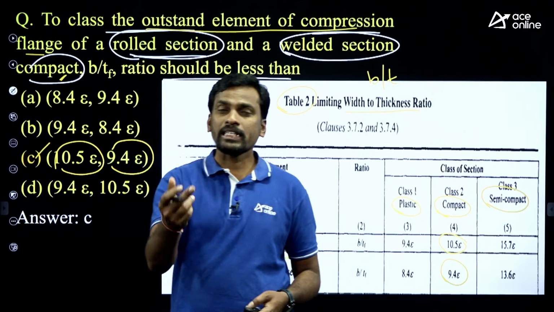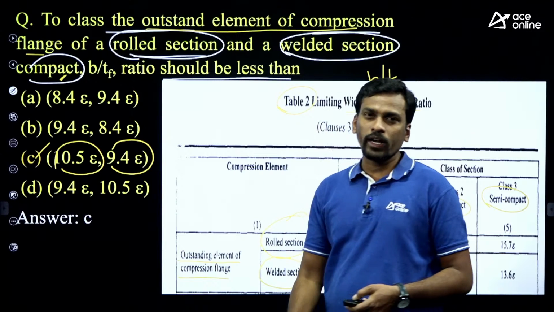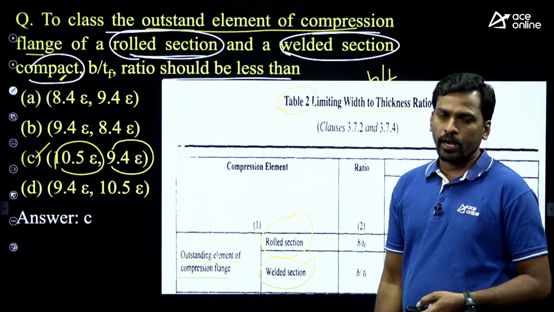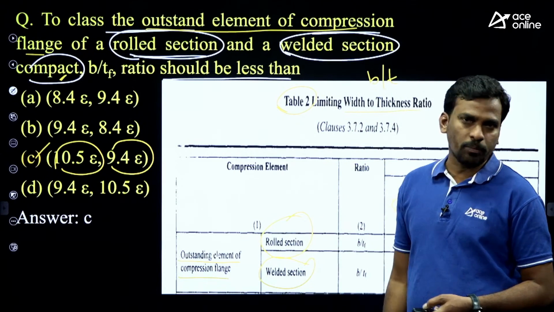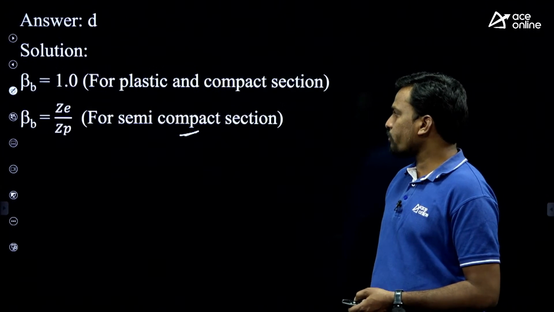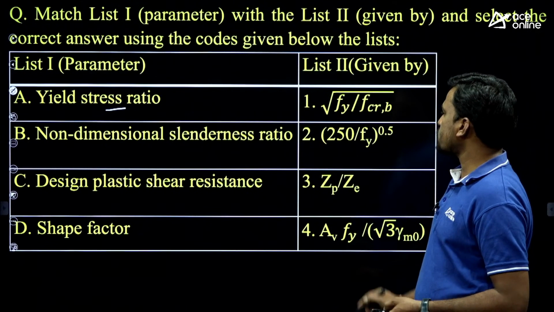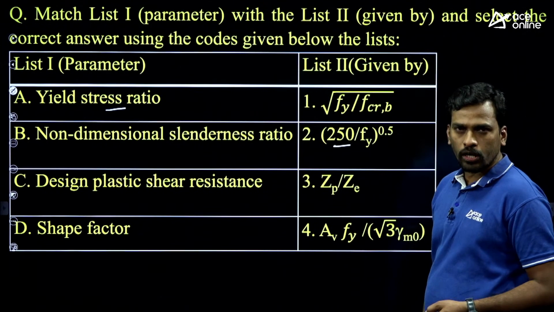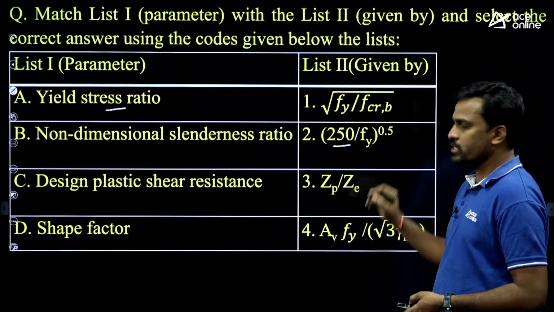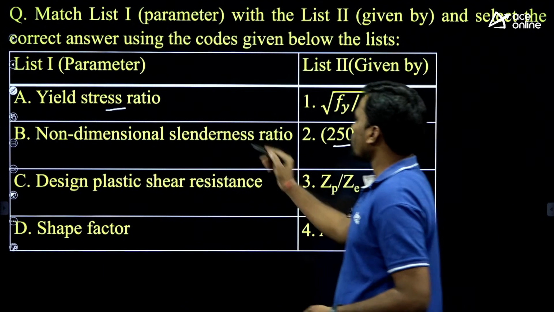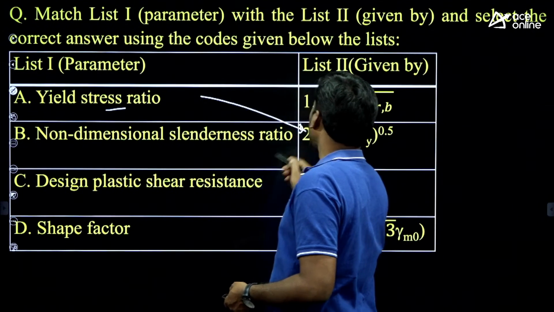That is the maximum end distance 12 t epsilon, and the same formula is given in the compression member chapter also. So what is the epsilon formula? Epsilon is the yield stress ratio, that is the root of 250 divided by yield stress.